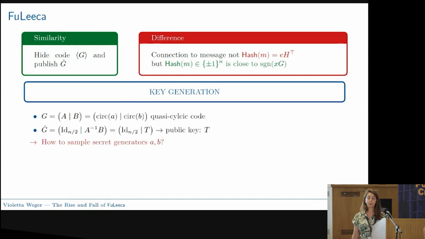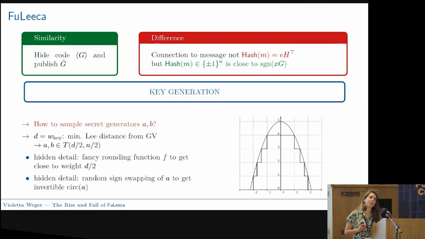Key generation. We want to have a quasi-cyclic code, so we're going to choose some vectors A and B, and construct the matrices A and B by taking the cyclic shifts. Then our public generator matrix will be the systematic form of this, and because it's quasi-cyclic, it's enough to take one row of T. Important question: how are we going to sample these secret generators?